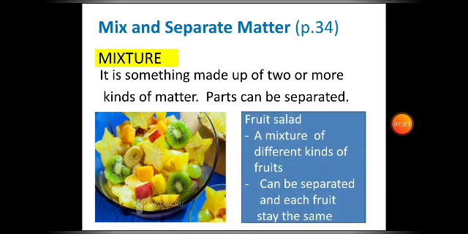It is made up of different kinds of fruit and it can be separated. And each fruit stays the same. The taste of the kiwi will still be a kiwi even if you are going to put it in a fruit salad. So therefore, fruit salad is an example of a mixture. Is it clear? Very good.